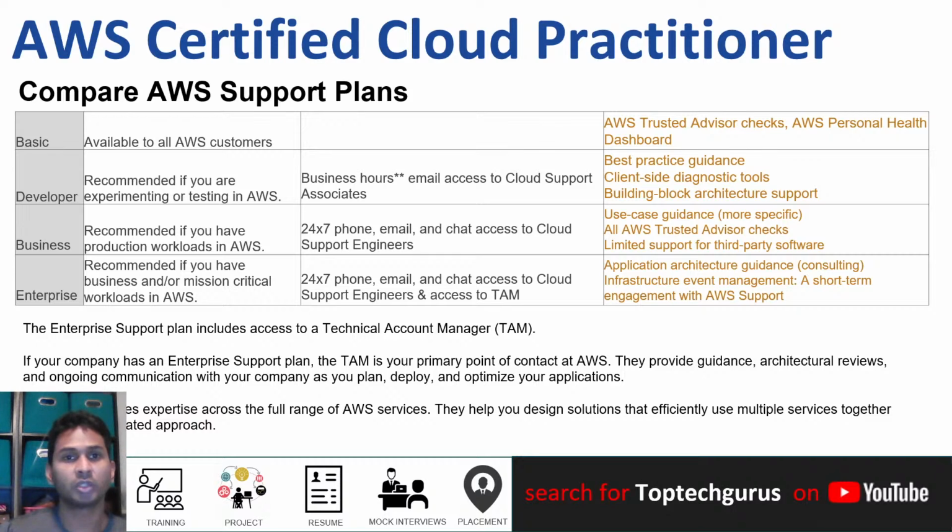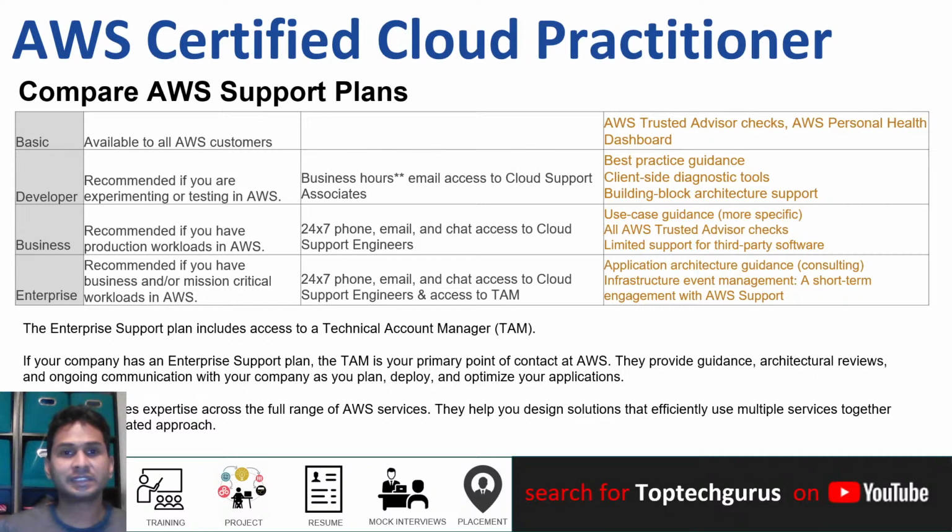For the developer account, even though you get business hours access, you actually get cloud support associates, not engineers. They may not be technically savvy enough to fix installation issues or log issues, or things you don't see in your log. Those kinds of things will not be supported by cloud support associates, so you'll need a business level support plan.